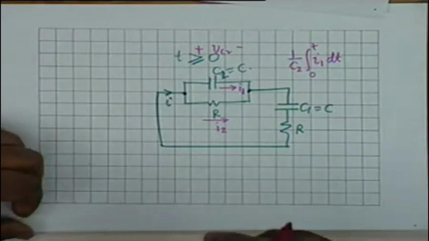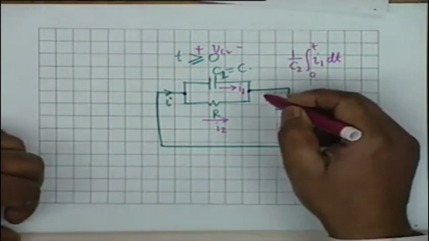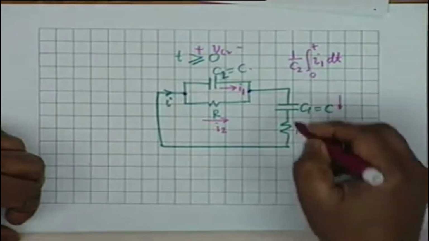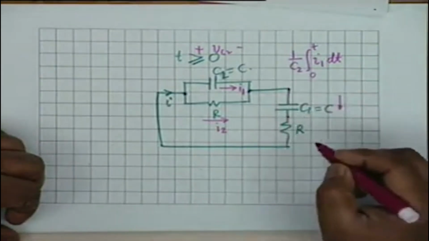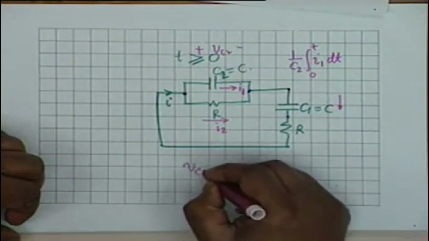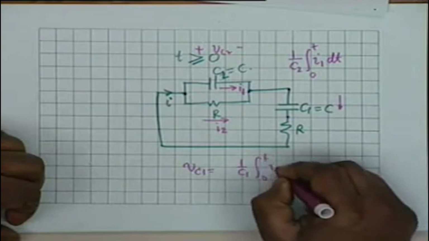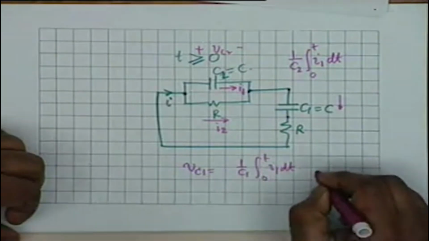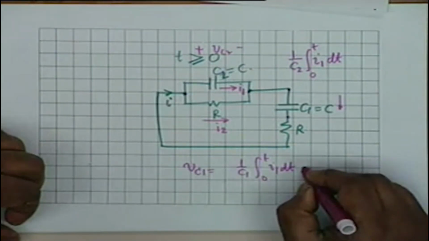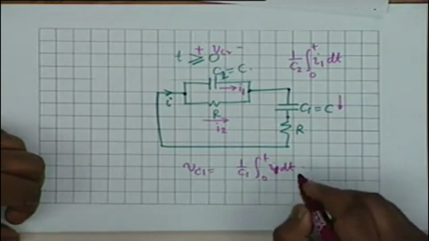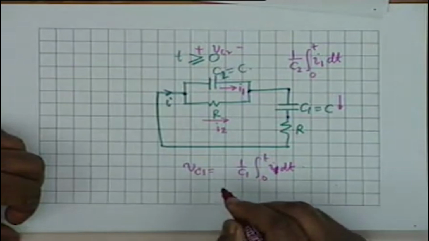Is that okay? And this current I then flows through C1 also. So what would be this potential? VC1 shall be equal to 1 over C1 integral 0 to t I1 dt, plus I dt, plus or minus, that is the question.